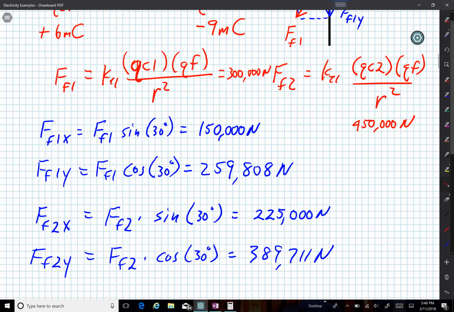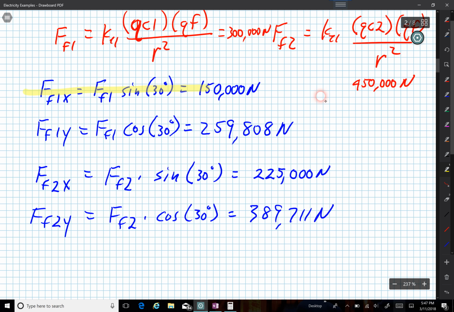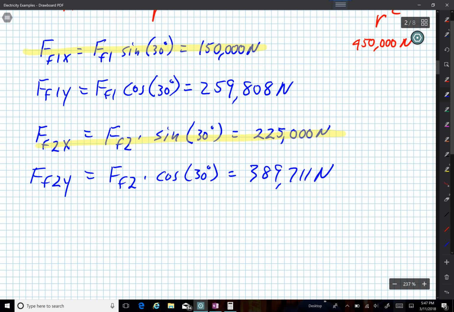So let's see. Let's do the x's first. So we'll get F net x equals F1x plus F2x.